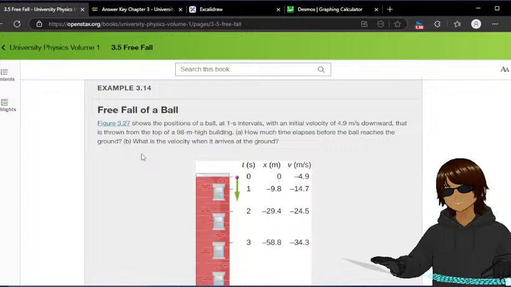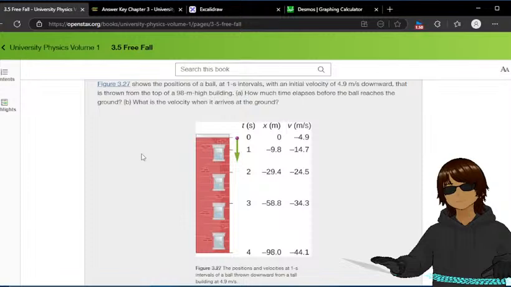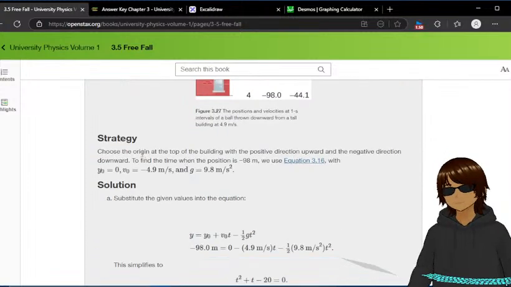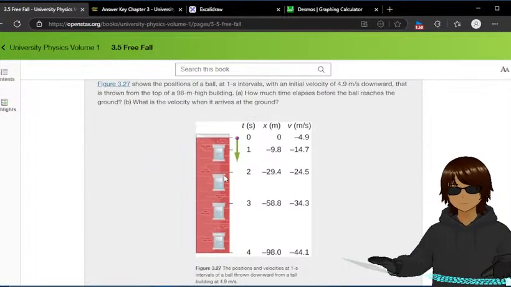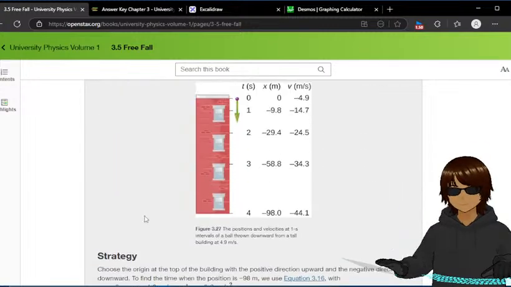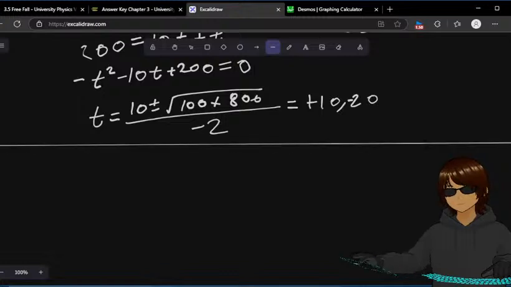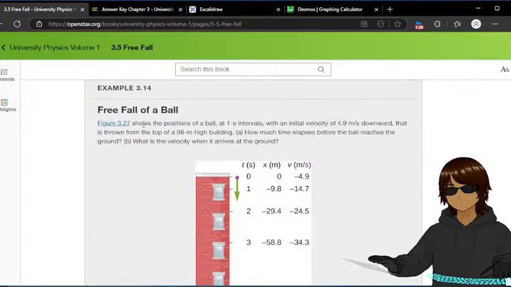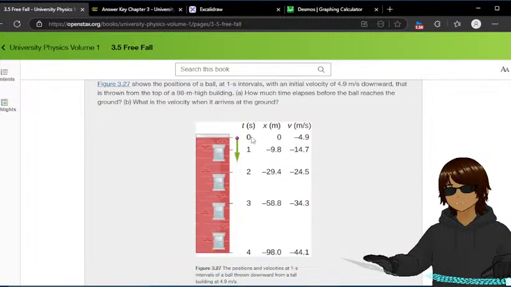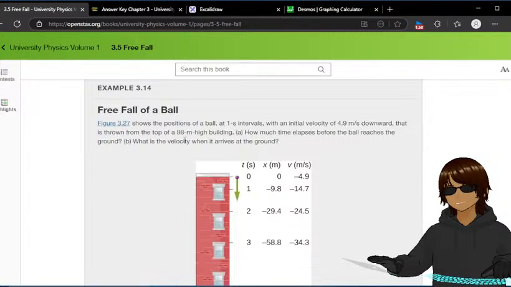How much time elapses before the ball reaches the ground, and what is the velocity when it arrives at the ground?